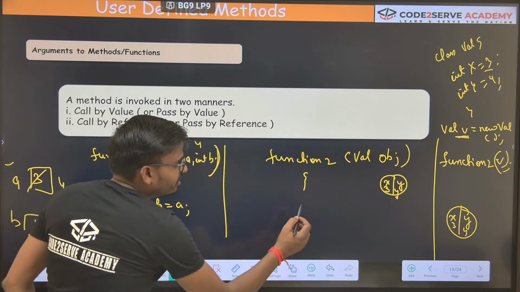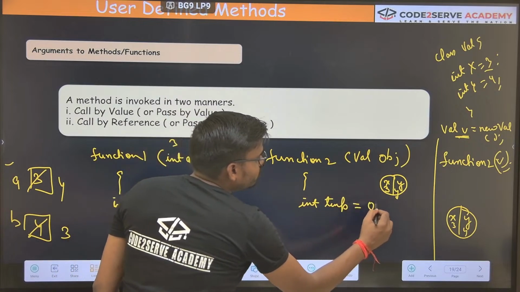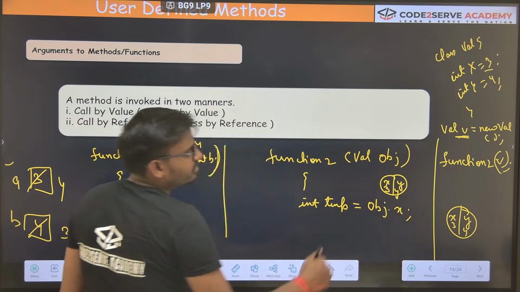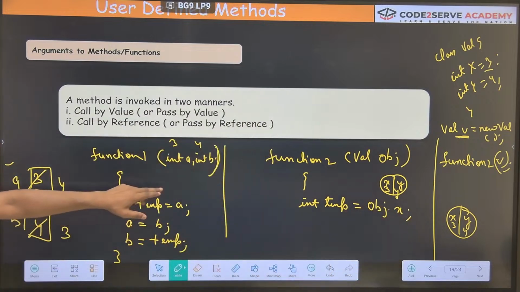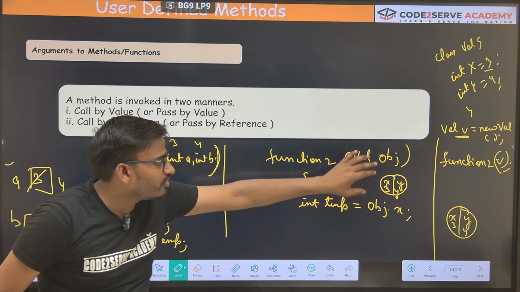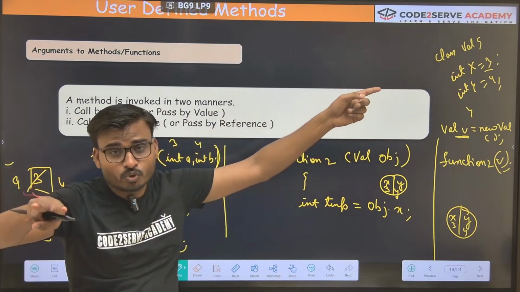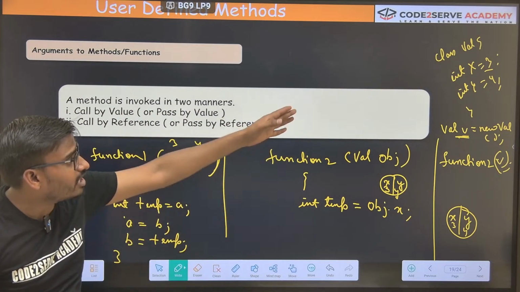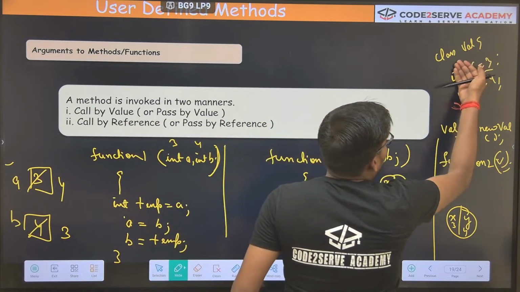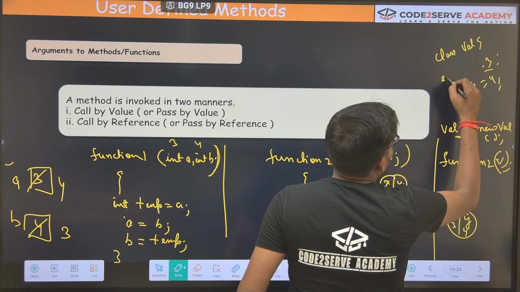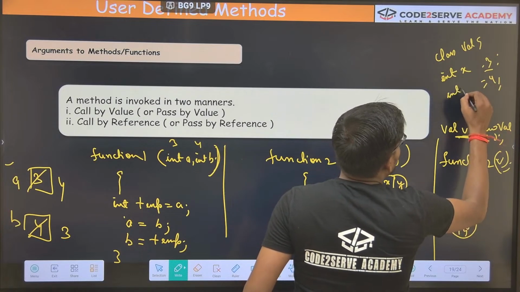We can access x using int temp is equals to obj.x. Directly we were writing a and b, now using obj dot, we are getting one object. The object is of Val type. Val has two values, x and y, so let me make this int small x and int small y.